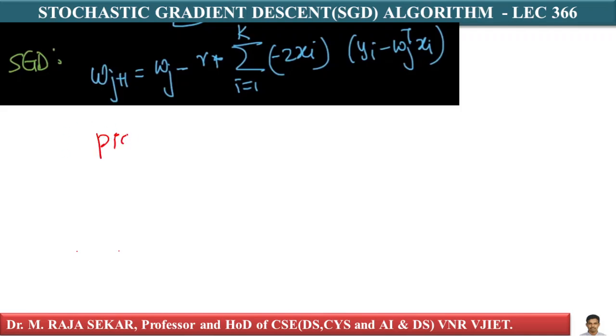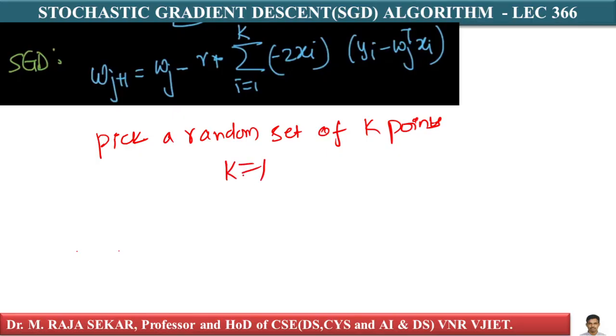Pick a random set of k points. Remember, k can also be 1. That's important. Or k can be n also. Pick a random set of k points and do this update.